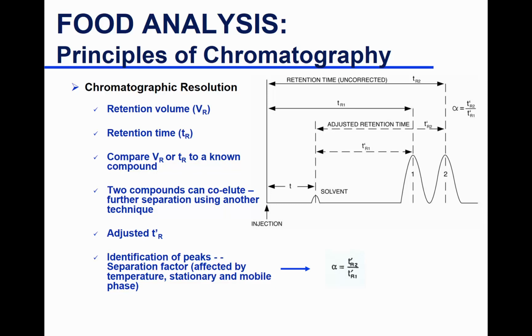In order to identify, often we compare the retention volume or retention time to a standard. That's what you're going to do for the caffeine lab and also for the GC lab: inject a standard, determine what time that standard comes out, and then try to find that compound in your sample based on the retention time.